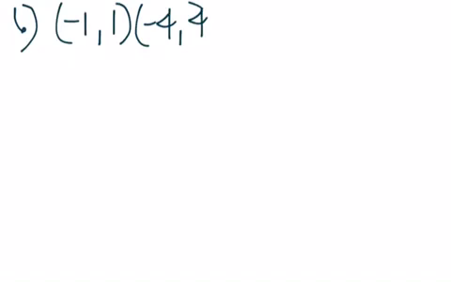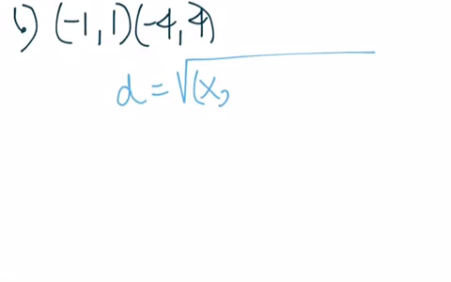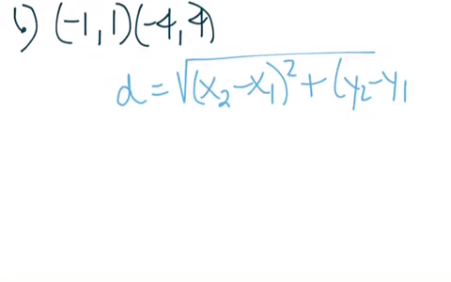Okay, number 6 has negative 1, 1, and negative 4, 4. The distance formula is the square root of x2 minus x1 squared plus y2 minus y1 squared.